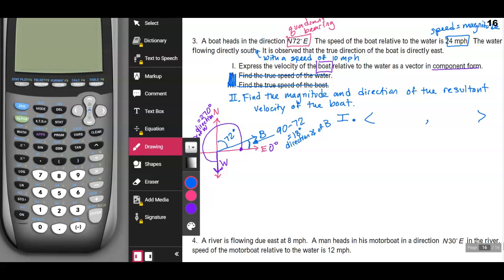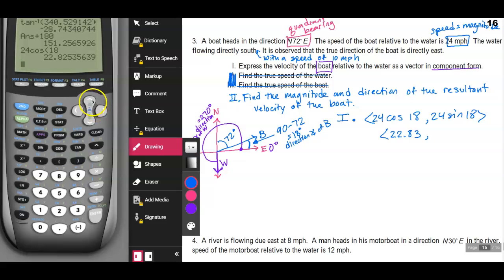So 24 cosine of our direction angle, which we now know is 18, 24 sine of 18. So we have 24 cosine of 18, 22.83, and 24 sine of 18, 7.42.